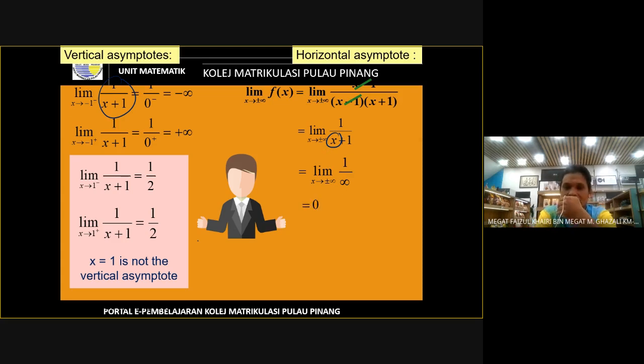So then it is equal to 0. Just imagine that if x equals 2, 5, 10, 50, 100, and so on, plus 1 is a big number. 1 over a big number is 1 over infinity. So 1 over a big number is approaching 0. So the horizontal asymptote is y equal to 0 here.